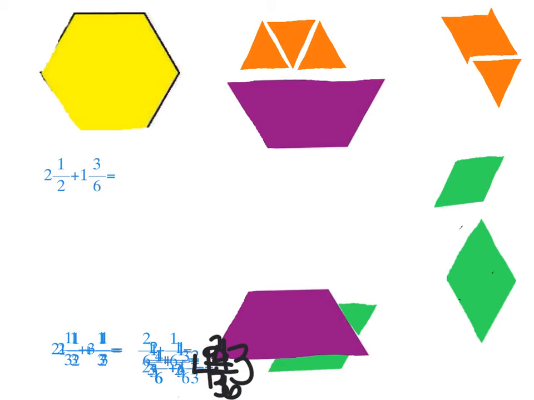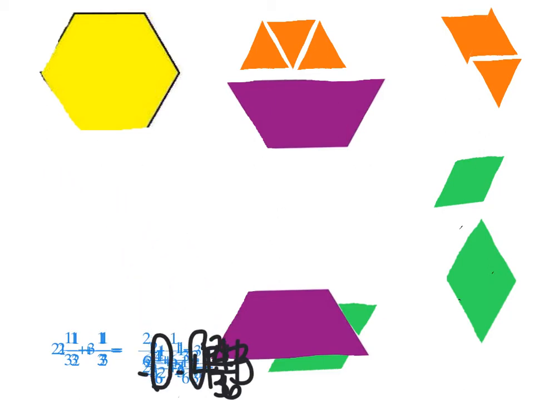So 1/2 and 3 sixths are going to equal a whole. And 2 plus 1, our whole numbers here, equal 3. And then don't forget our fractions equal another whole. So our answer to this problem would be 4.